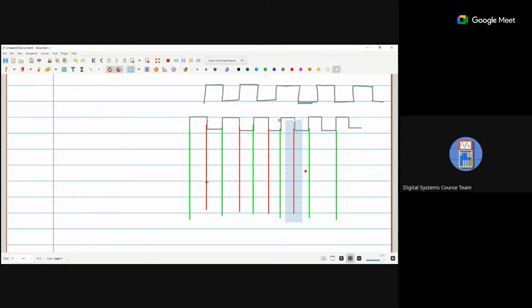Now we are creating the latch. The first latch is negative, so we connect the clock.